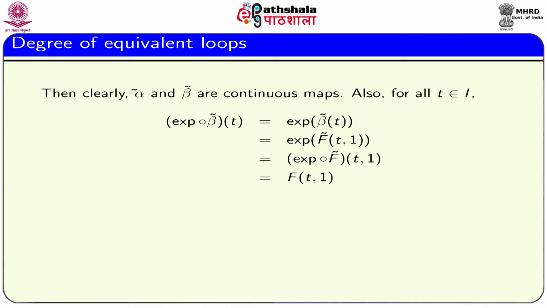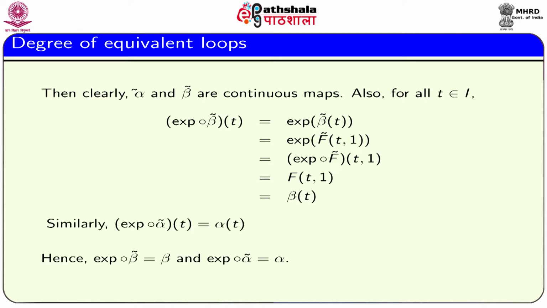And from the homotopy we know that f(t, 1) is equal to beta t. Similarly, exponential composed alpha tilde comes out to be equal to alpha t. Hence, exponential composed beta tilde is beta, while exponential composed alpha tilde is alpha.